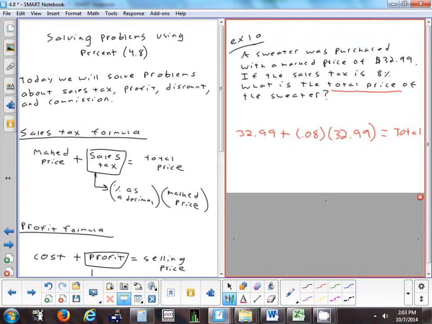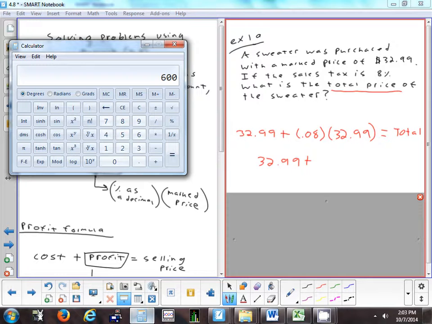Okay, so first let's do $32.99 plus, let's use our calculator, 0.08 times $32.99. What should I round that to? We're dealing with money. $2 and how much? 64 cents.